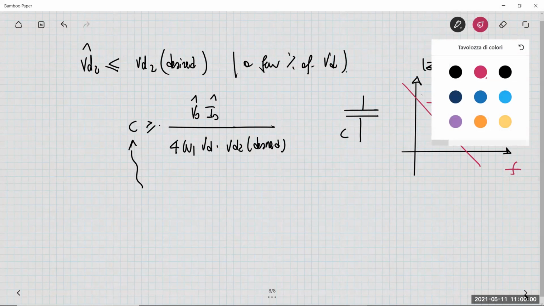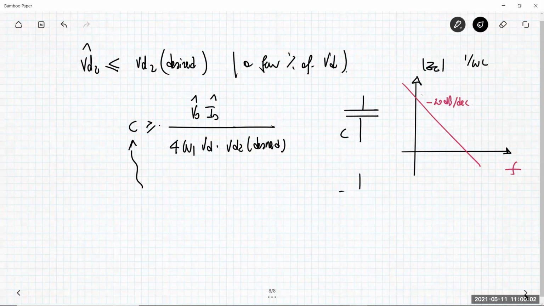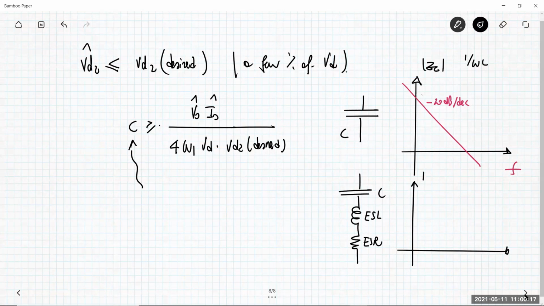But a practical capacitor always has parasitics, like inductance and resistance. So you have what is called the equivalent series inductance and the equivalent series resistance. In that situation, the behavior of the capacitor can be different in terms of impedance versus frequency. For example, it can be something like this.